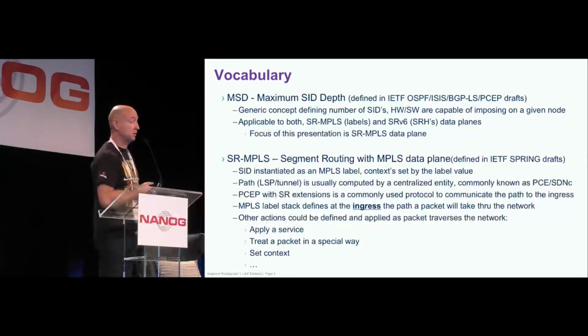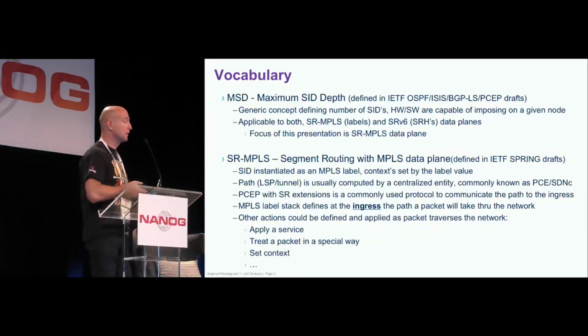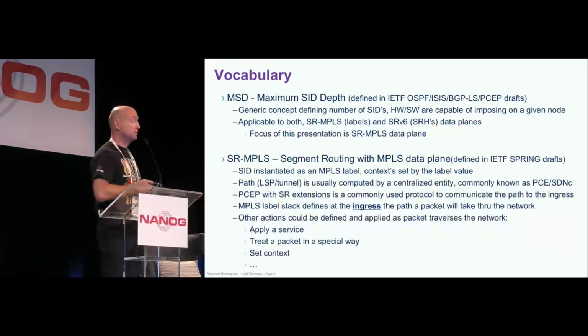I'm going to be talking about SR-MPLS here. The same limitations are applicable to SRv6, and you could use your imagination. So what's SR-MPLS? The SIDs are instantiated as MPLS labels, 20-bit entities. If you use centralized programming, you would use a protocol that talks to the controller, usually BGP-LS, which will convey all the information in the distributed network to the controller.